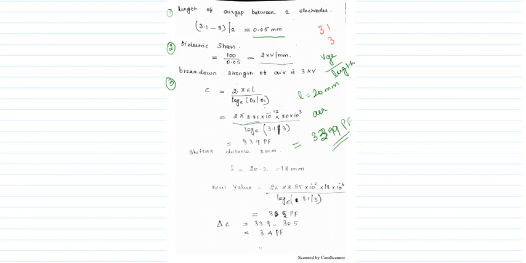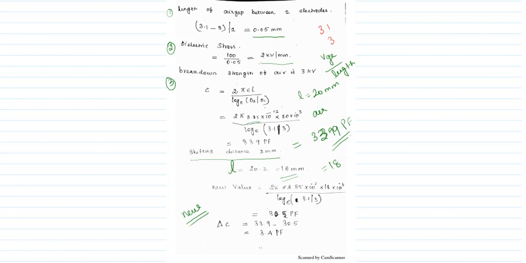Then one more thing is mentioned, that is the shifting distance, which is 2 mm. The length value is already given as 20, so for the shift we have to subtract: 20 minus 2 gives 18.